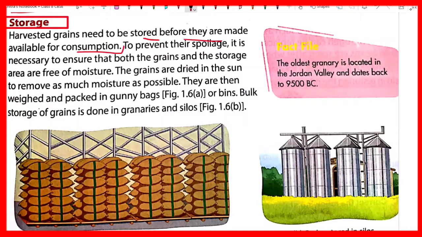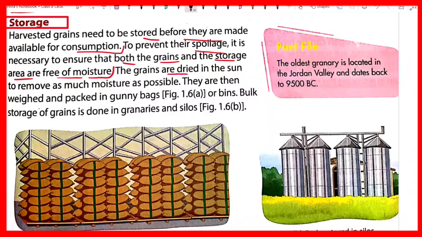To prevent their spoilage, it is necessary to ensure that both the grain and the storage area are free from moisture. Moisture must not be there, because if moisture is present, seed may get spoiled completely. That's why moisture should not be present in the granaries where storage is done.